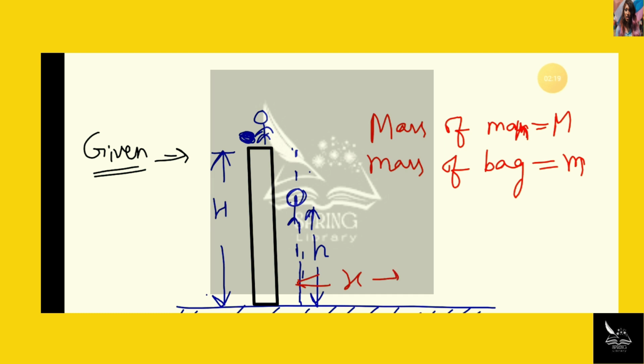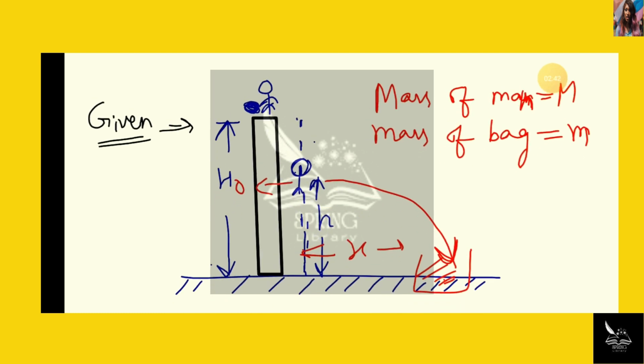So he thinks that if he throws the bag in the opposite horizontal direction, then it will be possible to land in this pond. So he throws his bag.